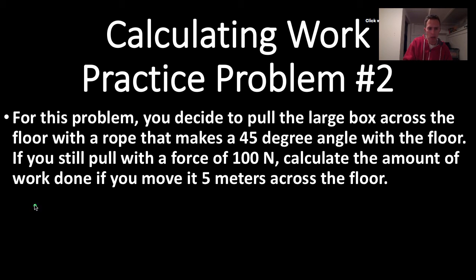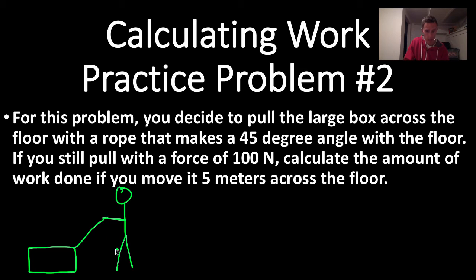All right, let's draw our picture of what's going on here. So this time, you're pulling the box with a rope across the floor. And so this rope, it says, makes an angle with the floor of 45 degrees. So here's that rope, and here you are. You're going to pull on that rope.